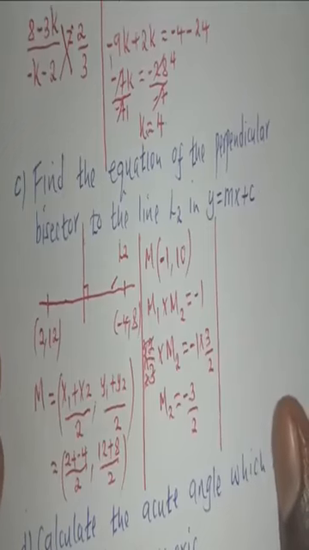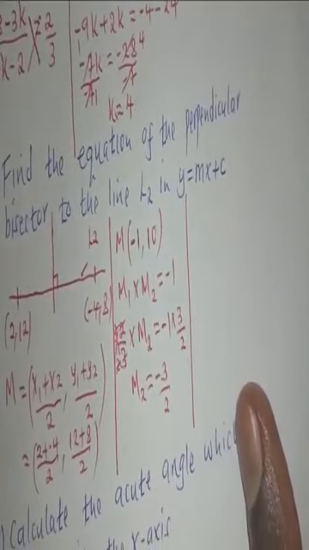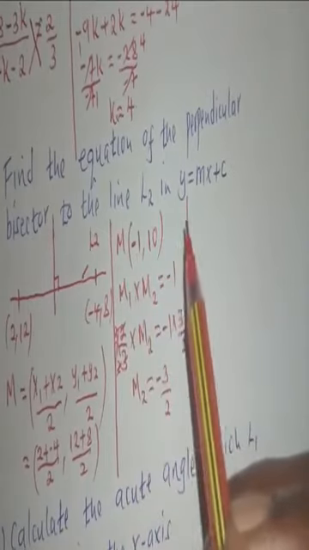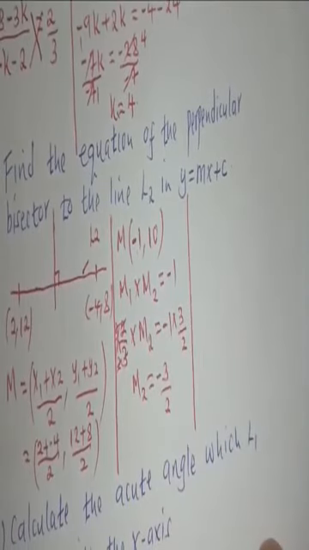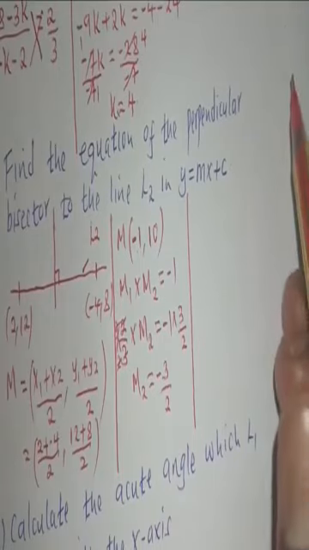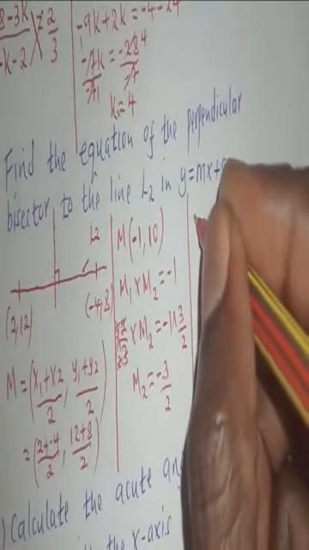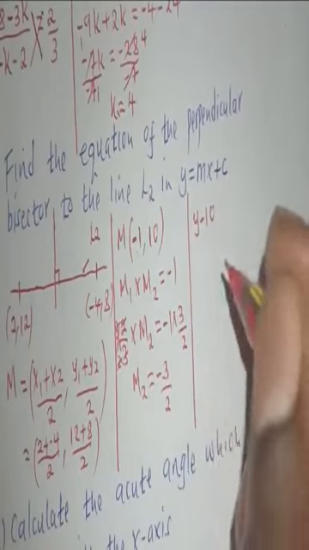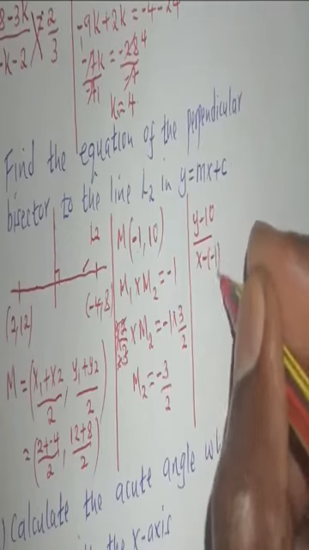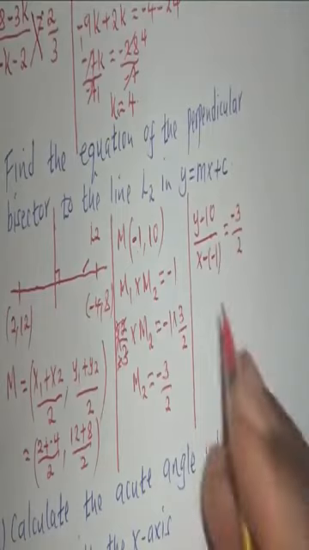So now to find the equation of the perpendicular bisector to line L2, we'll use the midpoint, which is (-1, 10), and any other point on that perpendicular bisector, which is (x, y). So now y minus 10 over x minus negative 1 equals negative 3 over 2.